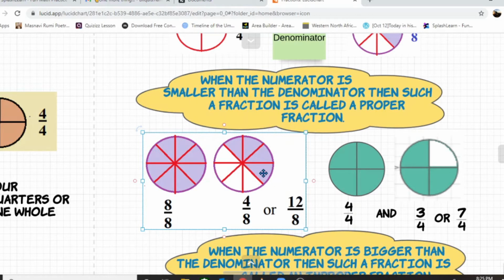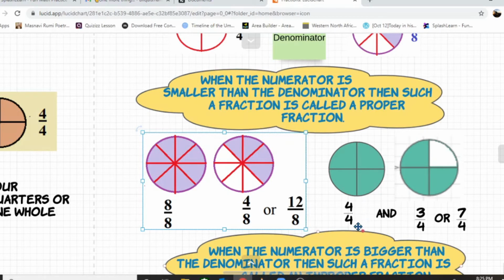If we have to express these fractions in writing, then we will count all the colored parts and write 12 upon 8, where 12 parts are colored in both the shapes and they have 8 equal parts.